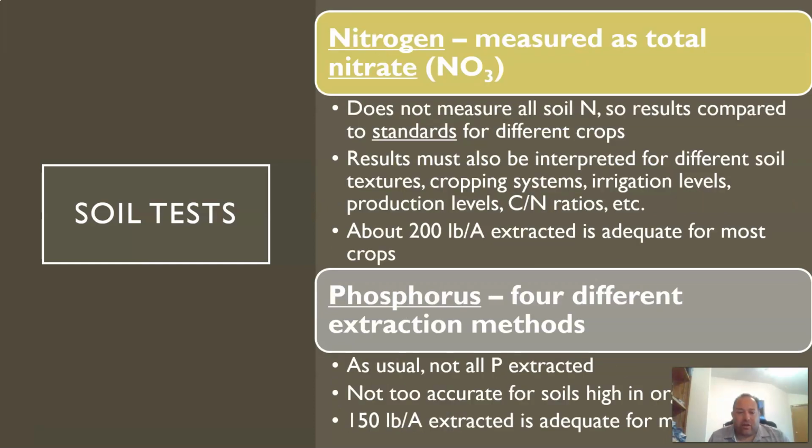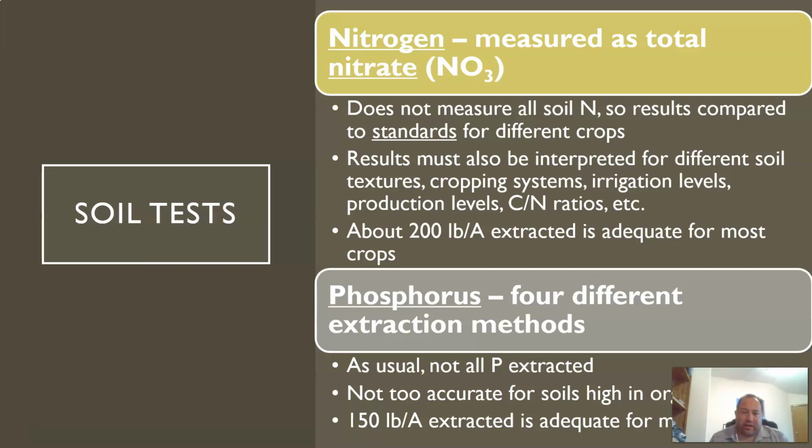You can also do nitrogen soil testing and phosphorus soil testing, and the reason for that is the idea that those are your two most essential macronutrients. So you can't measure, even doing the nitrogen testing as nitrate, you can't measure all the nitrogen in the soil.